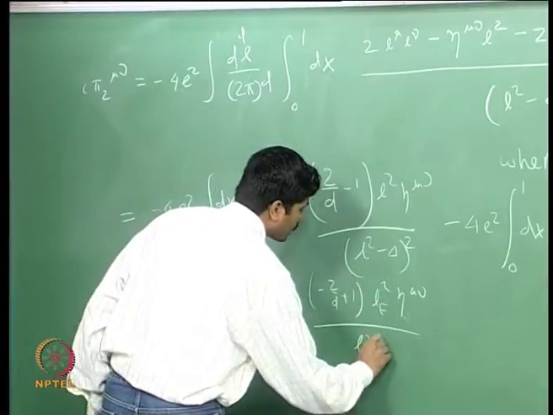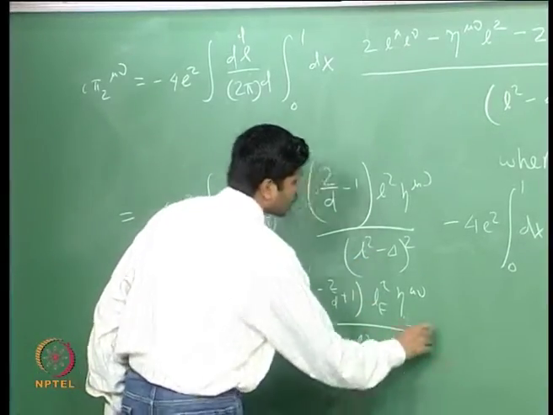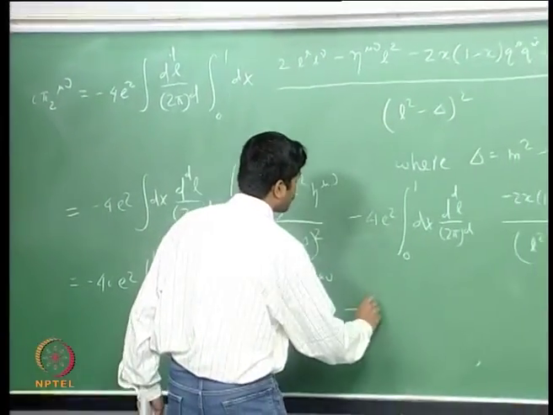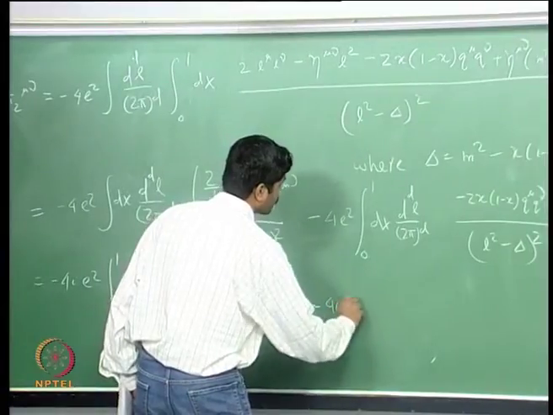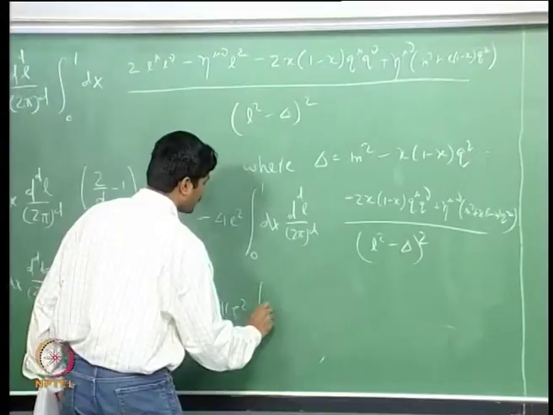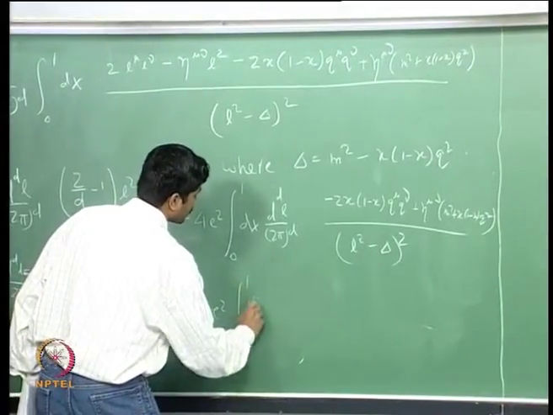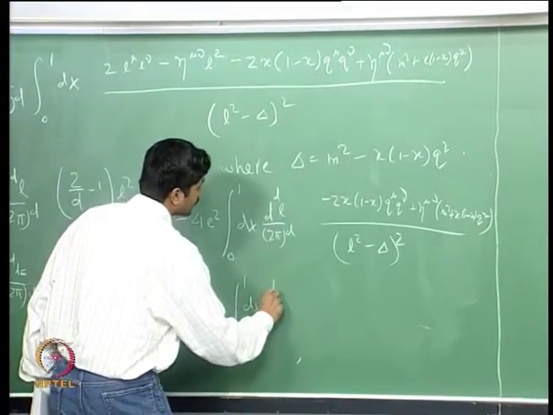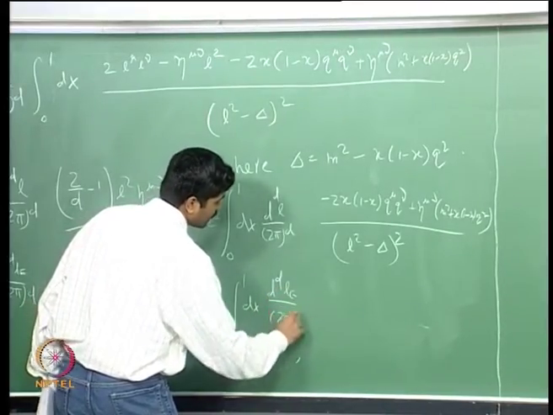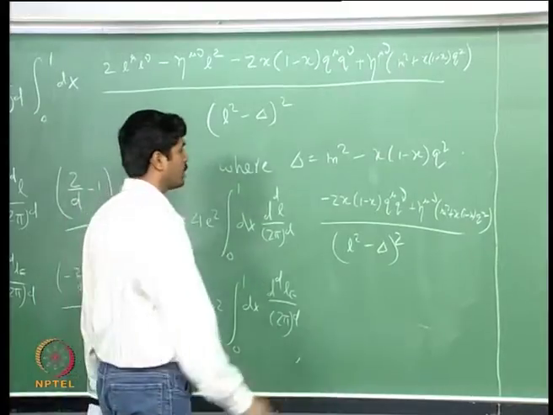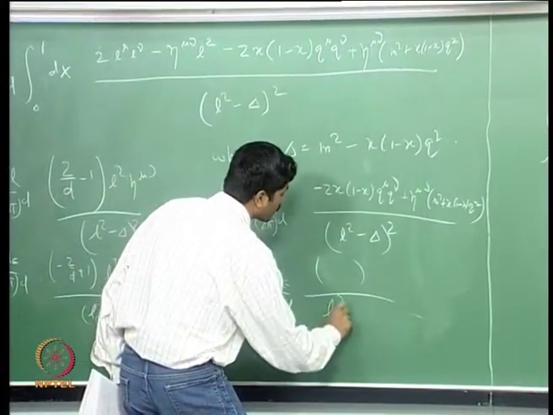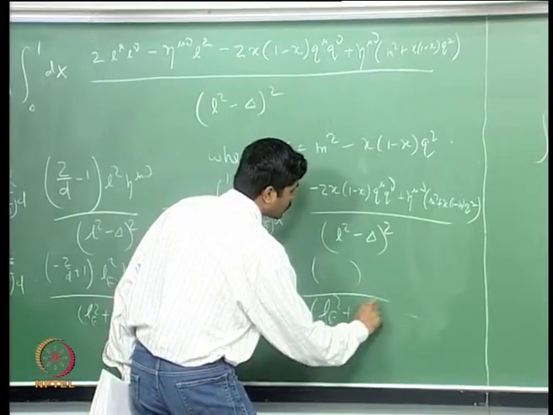So, L_E square plus delta whole square, this will be the first term, and in the second term I will have 4 i e square, and here everything will be exactly as it is, except that this will become L_E, d^d L_E divided by 2 pi to the power d. Here I will have L_E square plus delta whole square.